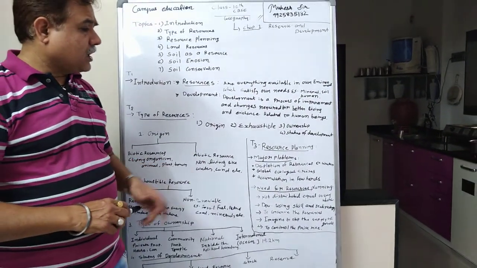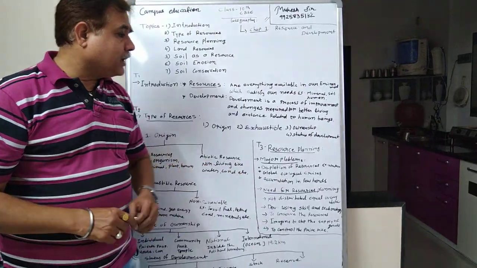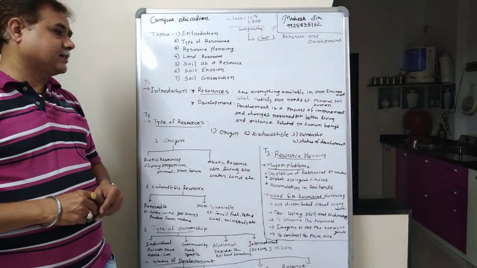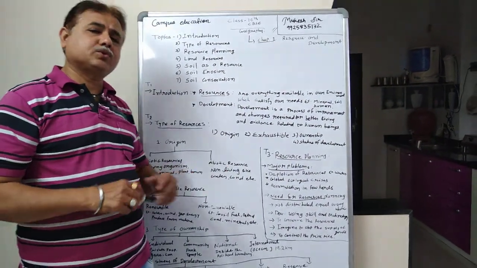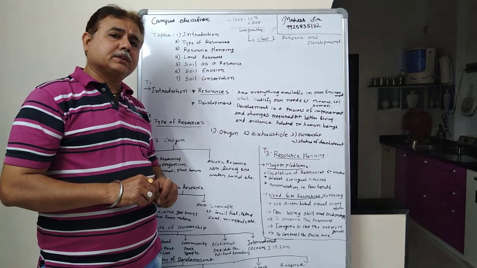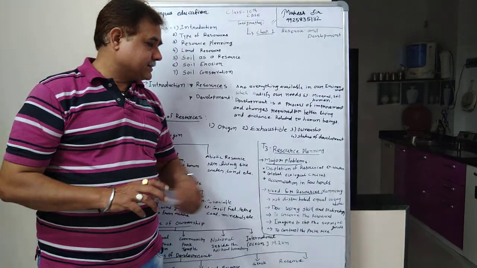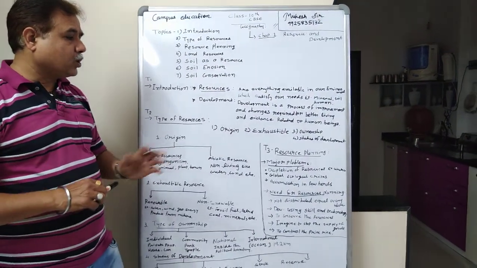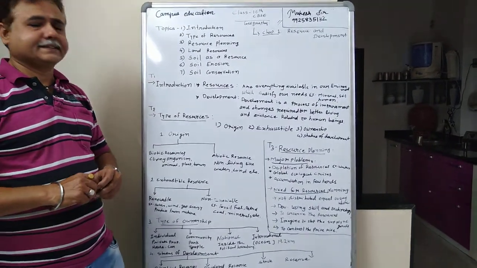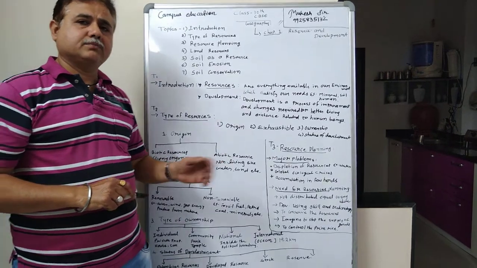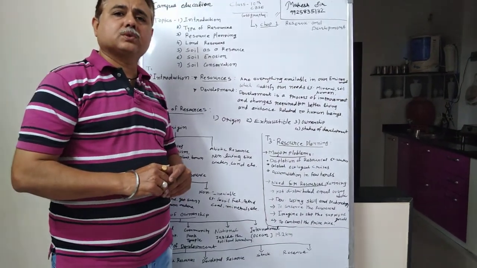Now, second is a global ecological crisis. Sometimes we have limited resources on the earth, so it becomes a crisis. So it is a global ecological crisis. Petroleum is a limited source.